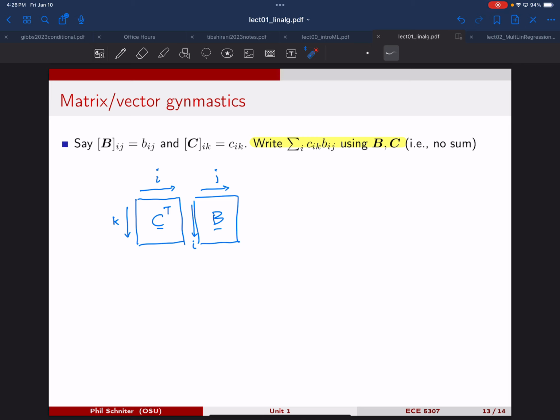The last thing to realize is that this quantity here is just a scalar, right? It's not a matrix, it's just a scalar. It's a sum of scalars, which is a scalar. But over here, we have a whole matrix. Multiply two matrices, you get another matrix. So how do we get from the land of matrices to this particular scalar? The key is these other indices, k and j.